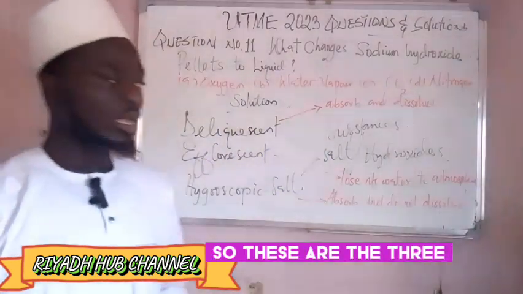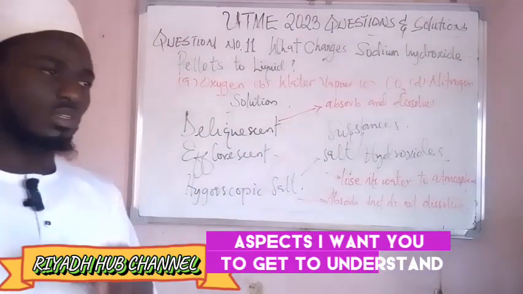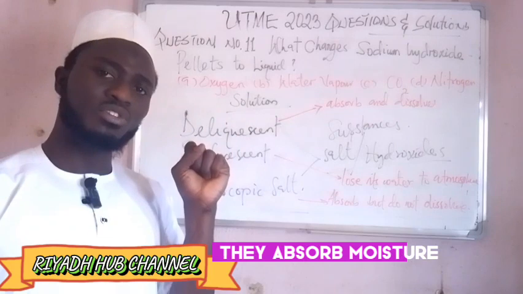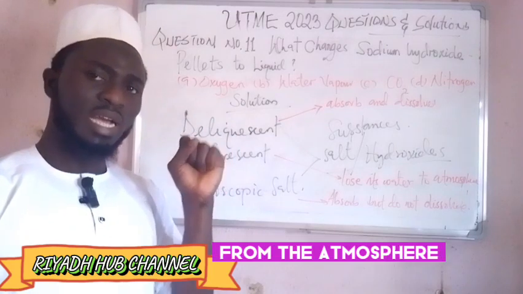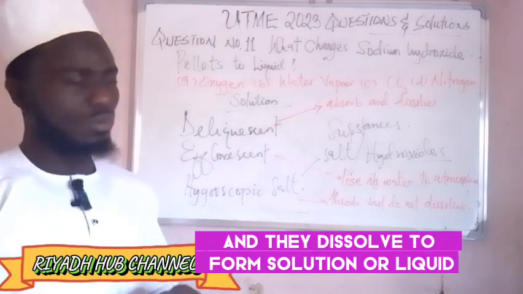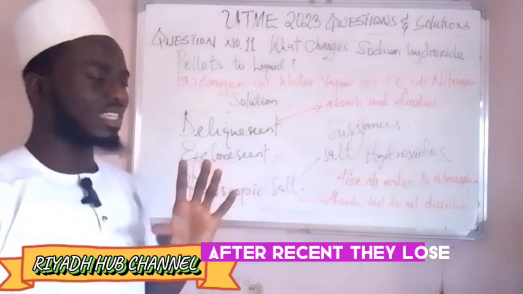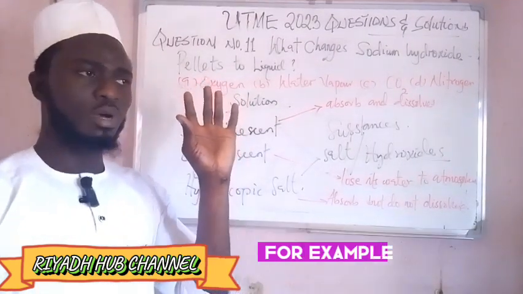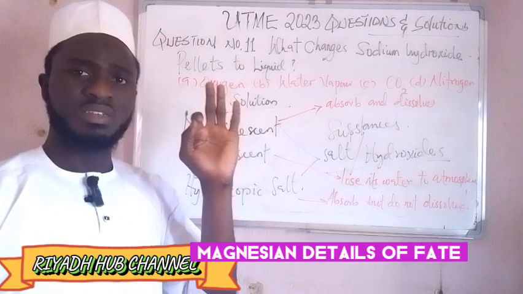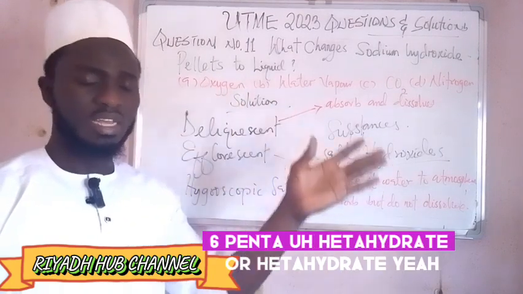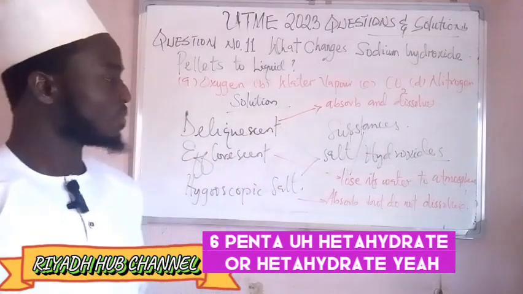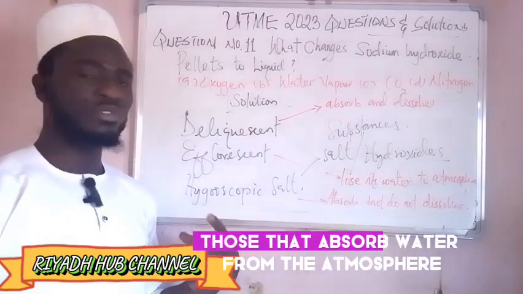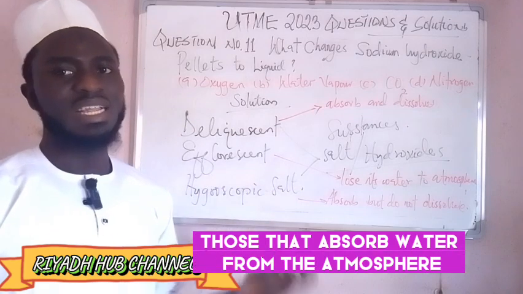So these are the three aspects I want you to understand. Deliquescent substances absorb moisture from the atmosphere and dissolve to form a solution or liquid. Efflorescent substances lose their own water of crystallization to the atmosphere, for example magnesium sulfate heptahydrate. Then hygroscopic salts absorb water from the atmosphere and don't really dissolve in it.